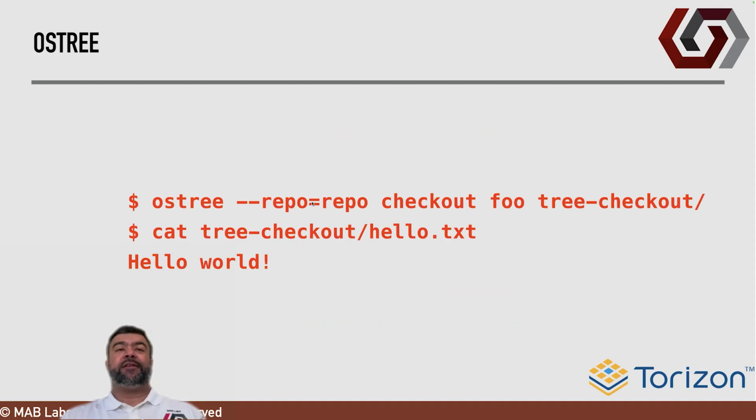Similar to Git, the other thing we can do is check out a branch. In this instance, we've checked out the foo branch underneath the tree checkout directory. We can cat the contents of this file, and we can see that it's hello world.